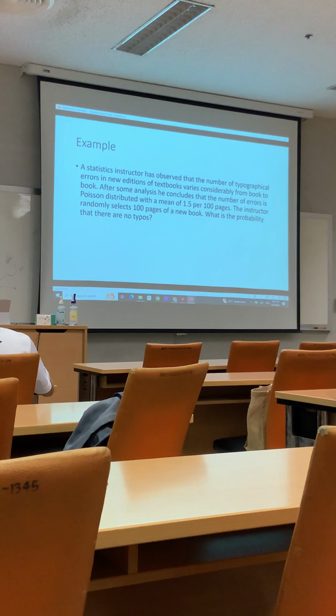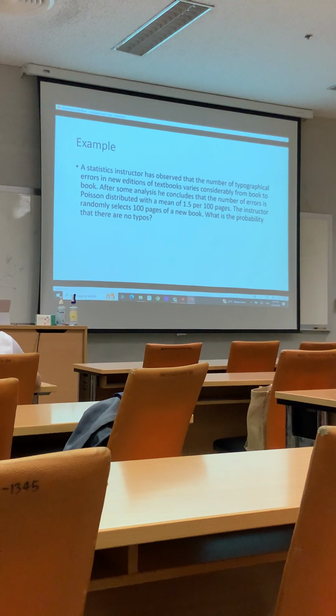You can see that it is a Poisson distribution because the question gives you the information with the mean of 1.5 per 100 pages. So in this example, the interval is in space of 100 pages and lambda is 1.5.